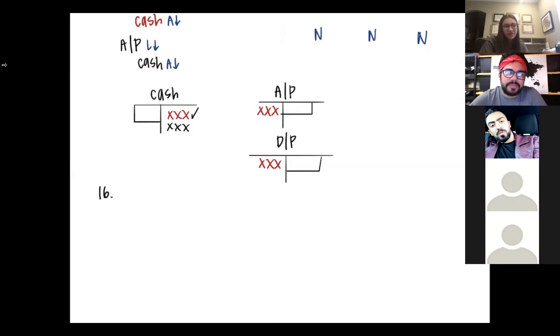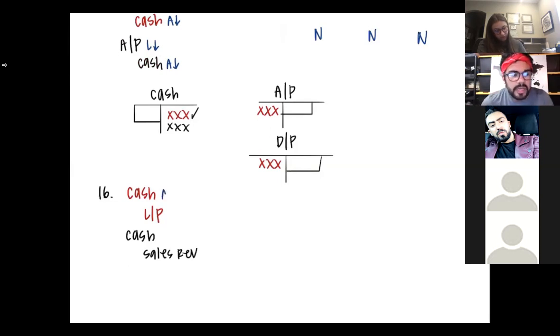Trust me, it's really going to help you. Yes, that's right. They debited cash and they credited loans payable. And what should they have done? Yes, cash and sales revenue.